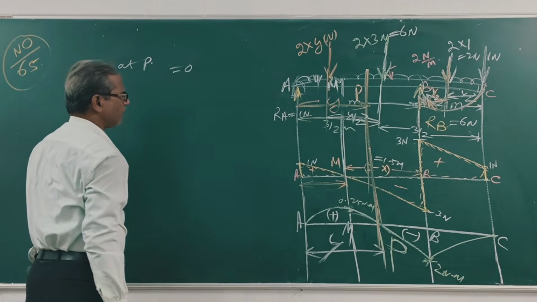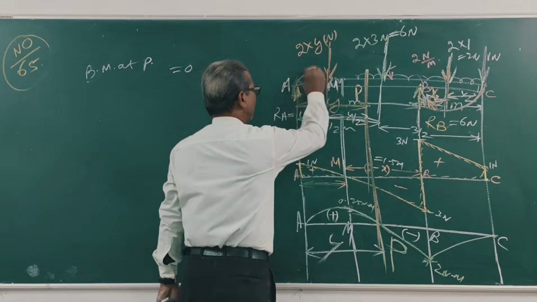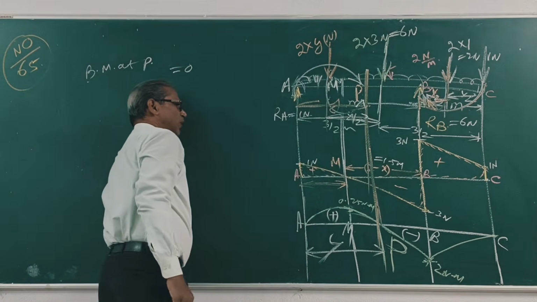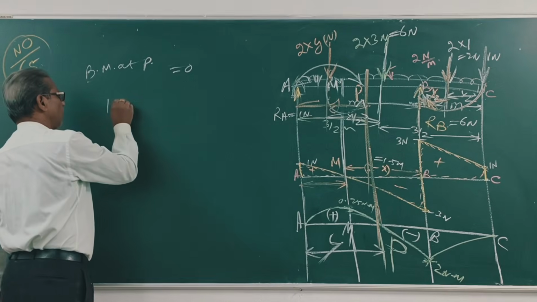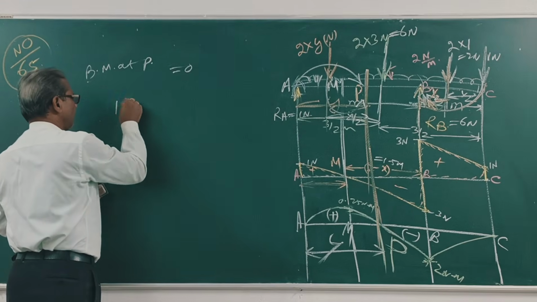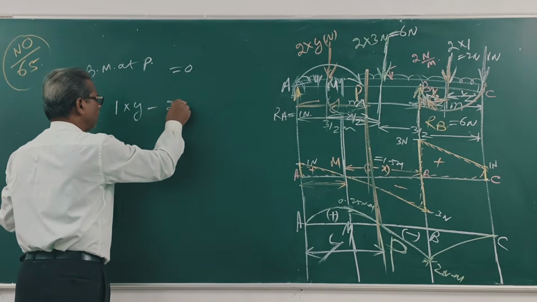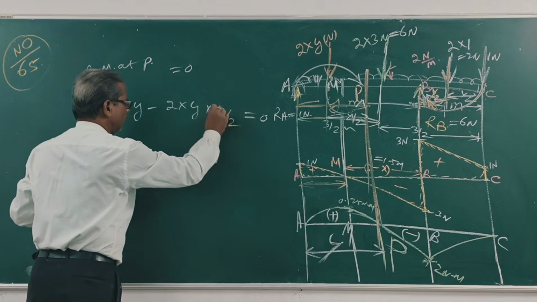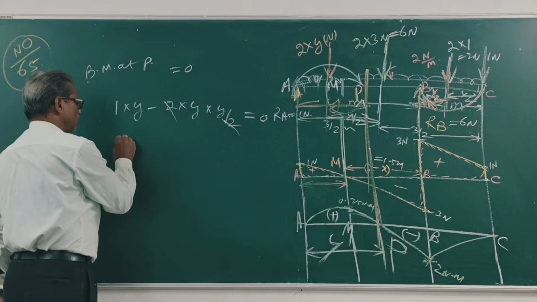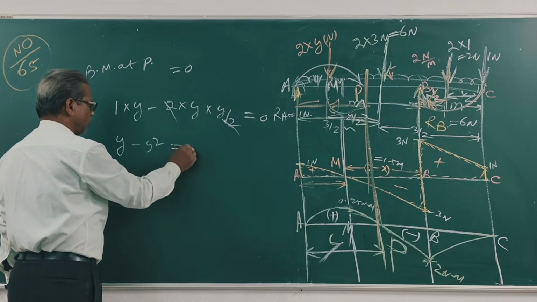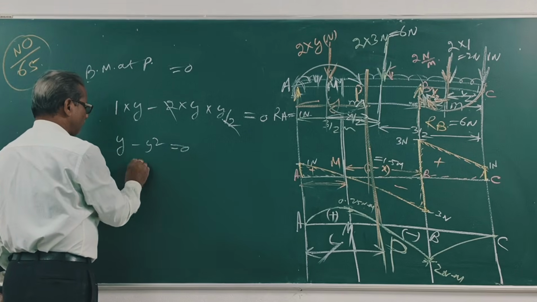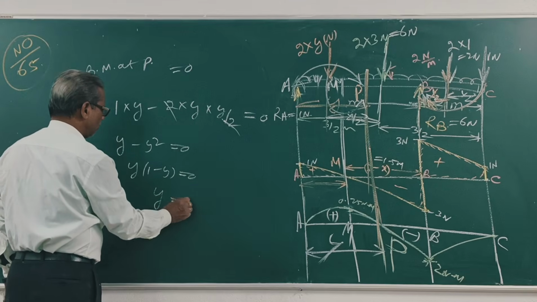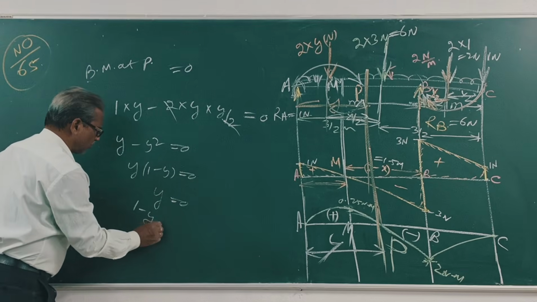What is BM at P? 1 into y minus 2 into y into y/2 equals 0. Clear? 2 cancels out. So y minus y square is 0. So y into 1 minus y is 0. So y is equal to 0, or 1 minus y is 0.